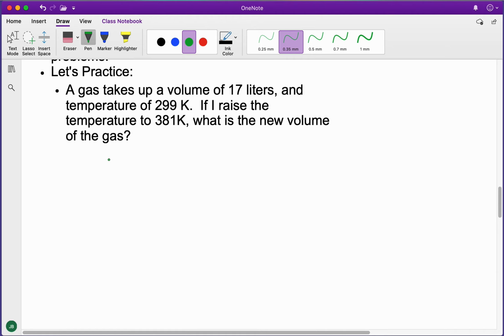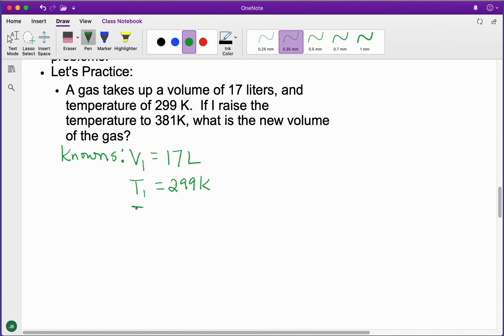So as always, ladies, let's start off by writing down all of our knowns and unknowns. So our knowns. We have the initial volume, or volume 1, of 17 liters. We're also given the initial temperature, or temperature 1, as 299 kelvins.